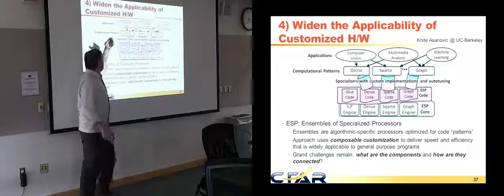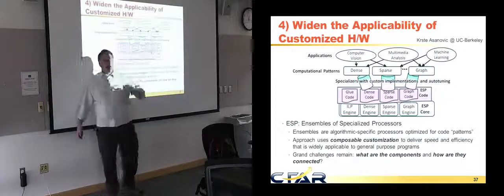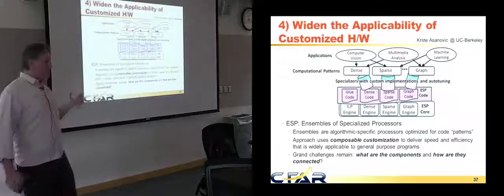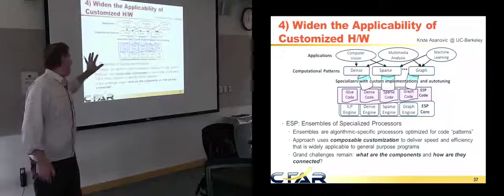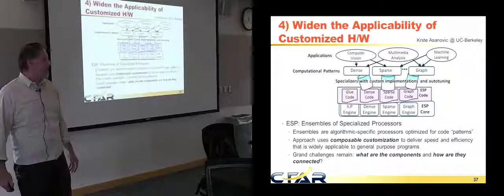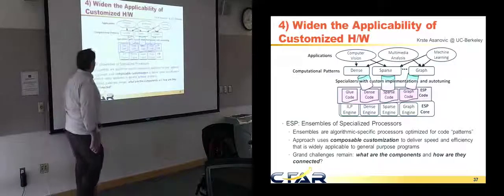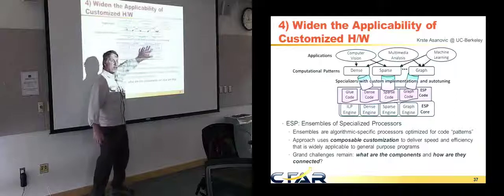Things like dense linear algebra, sparse linear algebra, graph analysis, ILP extraction, homogeneous parallel architecture, whatever. They have at this point identified 17 application classes that cover a very broad set of applications.